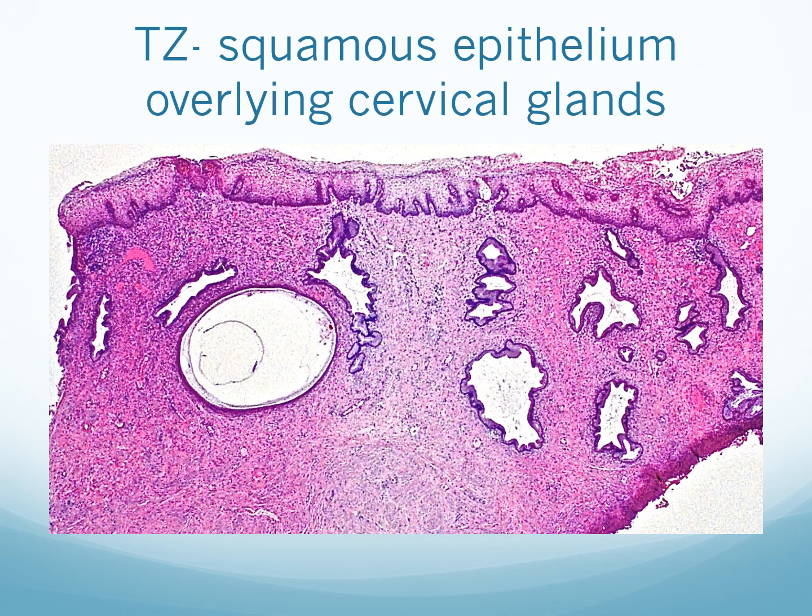Let's take a closer look. Here we can see the normal squamous epithelium with its basal and parabasal cells overlying these crypts that we will call glands from now on, lined by a single layer of columnar cells with apical mucin.